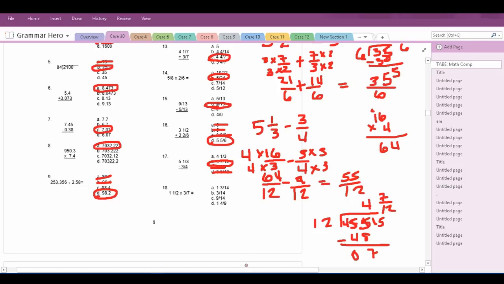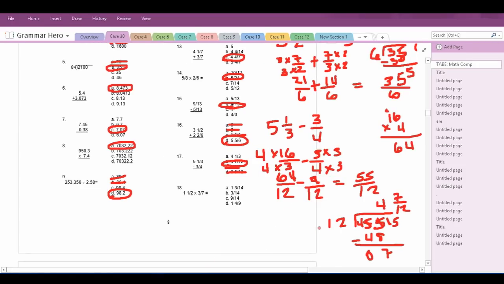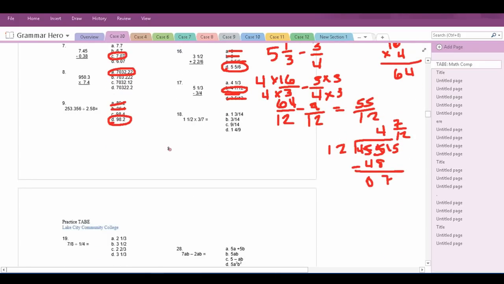Fortunately enough, multiplying mixed numbers against fractions is pretty simple. Let's go ahead and do number 18. We got 1 1/2 times 3 over 7. Now, oops, fix that. We cannot multiply a mixed number by a fraction. First, we convert the mixed number to a fraction and then just multiply across.